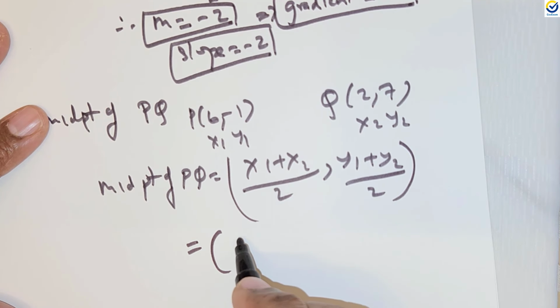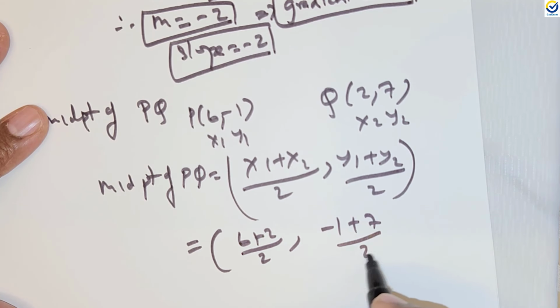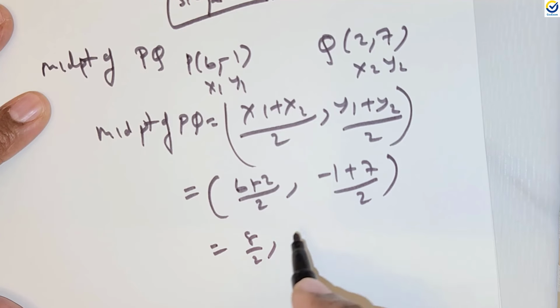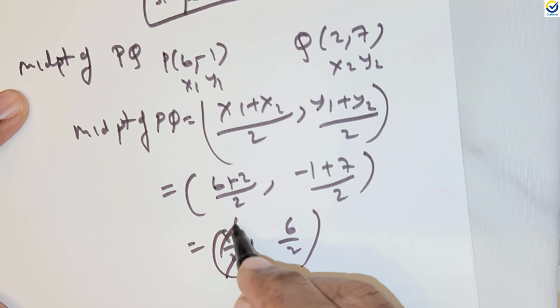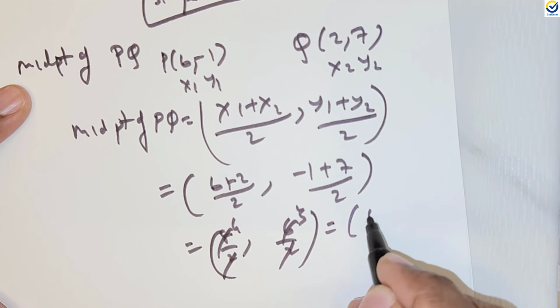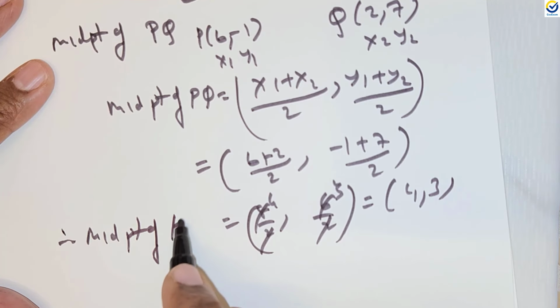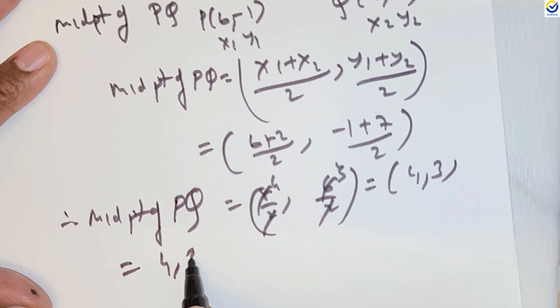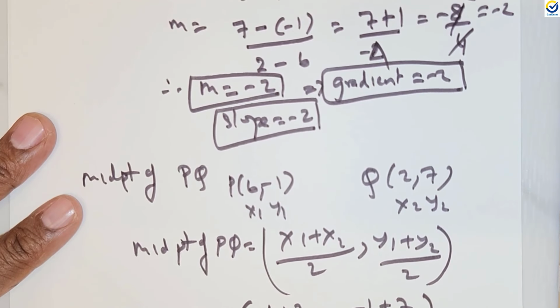So this is going to be (6 + 2)/2, (−1 + 7)/2. This is 8 over 2, this is 6 over 2. 2 divides 8 four times, 2 divides 6 three times. So you have (4, 3). Therefore the midpoint of PQ is (4, 3). Okay, that's the solution for this question. We move on to the next one.